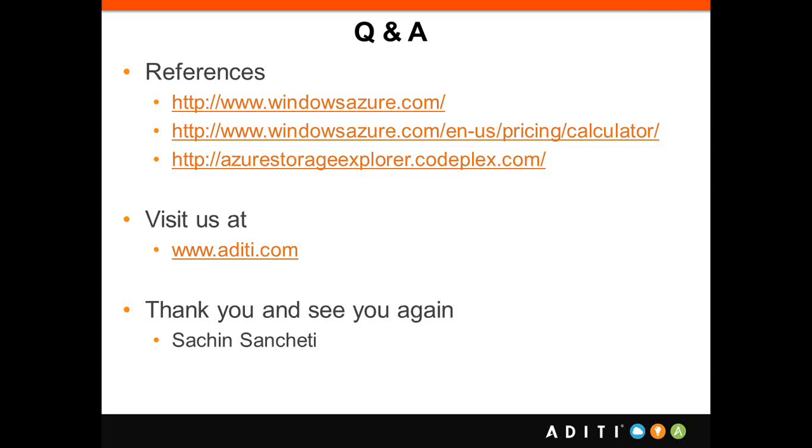You can just search on Google and figure out which free tools are readily available to see your storage. For SQL Azure, you don't have to get a tool. With SQL Server 2008 R2, you can directly connect from on-premise to a SQL Azure database and see the tables and everything. But for tables and blobs, you might need some tools. One of them which I have been using for a long time is Azure Storage Explorer, which you can get from Cerebrata.